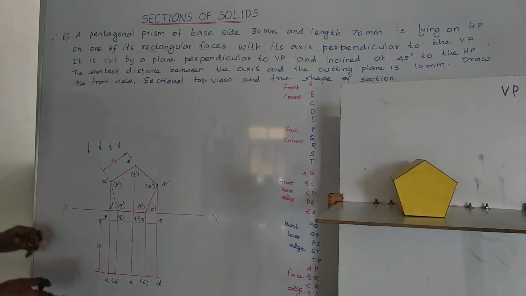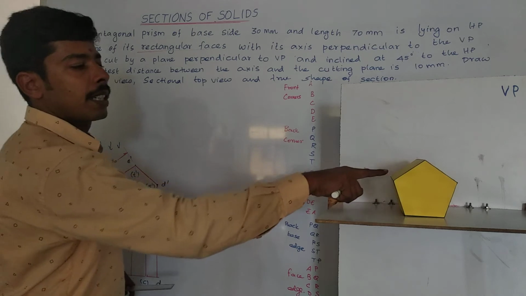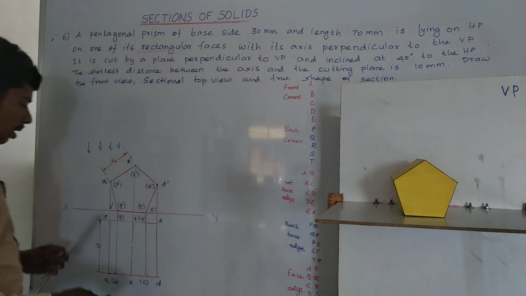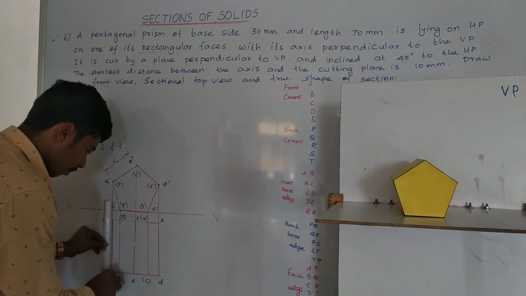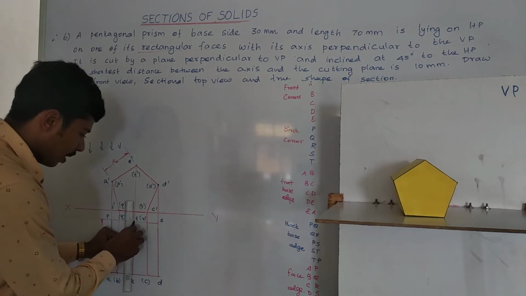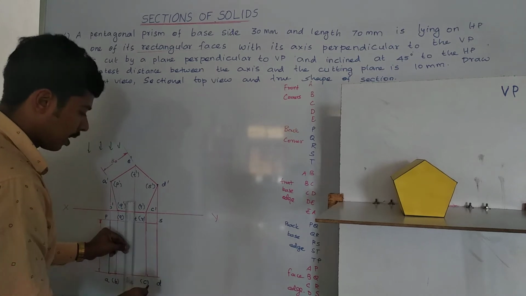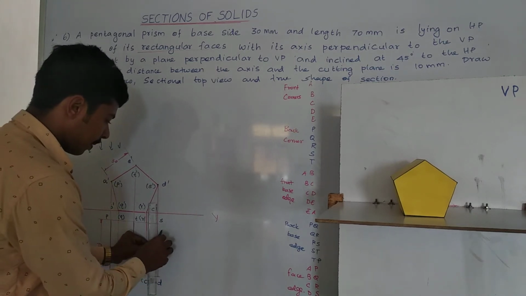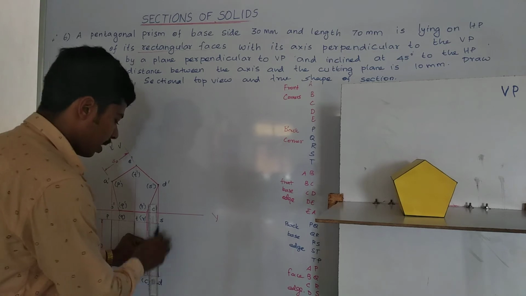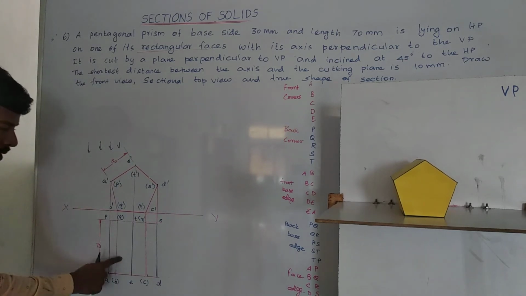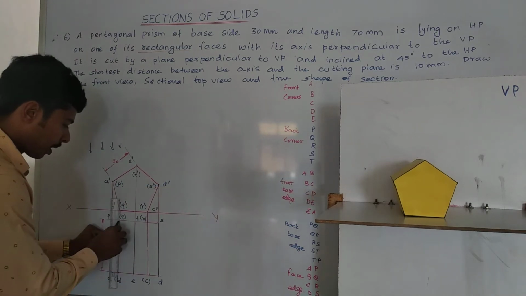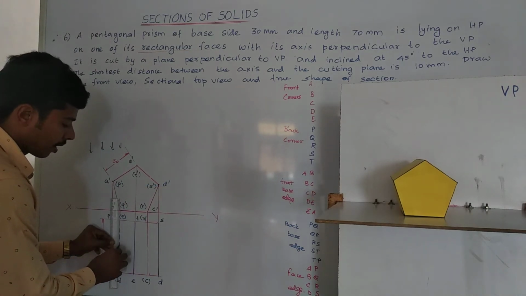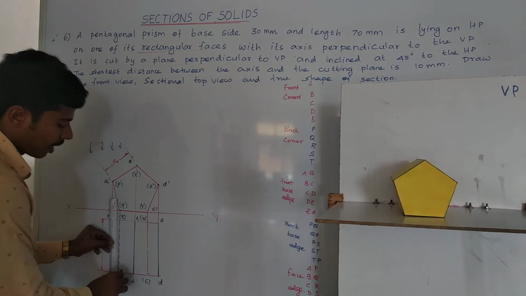So for the edges, these three top edges are visible edges: AE, ED and the one connecting S. These two edges are hidden edges. Hidden edges we have to represent with evenly spaced dashed lines.